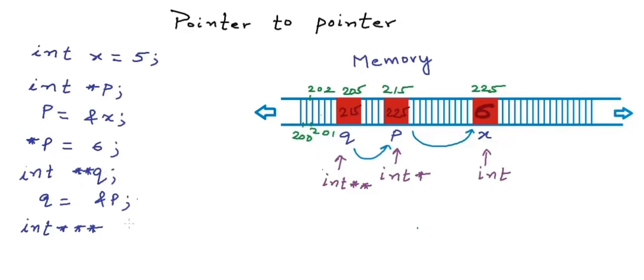Let's say we define R as int star star star, and R gets this address 230 in memory. Now R is of type int asterisk asterisk asterisk, so it can store the address of int asterisk asterisk. So it cannot store the address of x or P. Only a statement something like R is equal to ampersand Q will be valid.